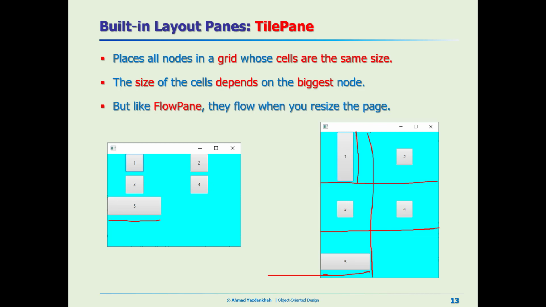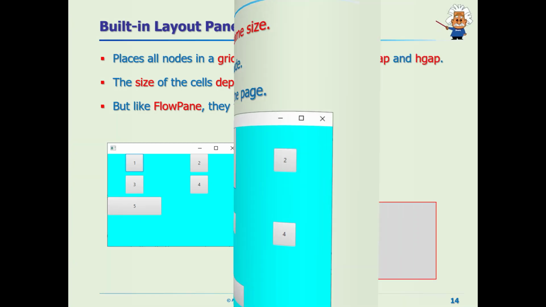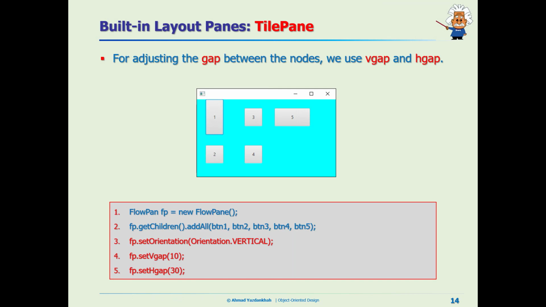Okay, so let's see how it works in the code. So for the tile pane, we are still using the V gap and H gap concept, and the padding is the same thing that you learned before.